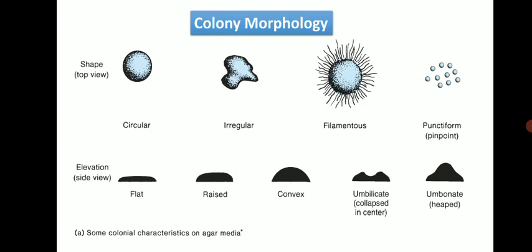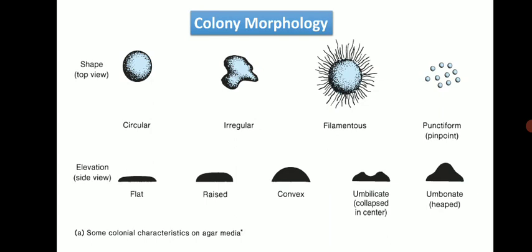Next, colony morphology. The next phenotypic feature used in microbial identification is colony morphology. In this picture you can see different types of colonies that are seen when we culture bacteria in a petri dish.